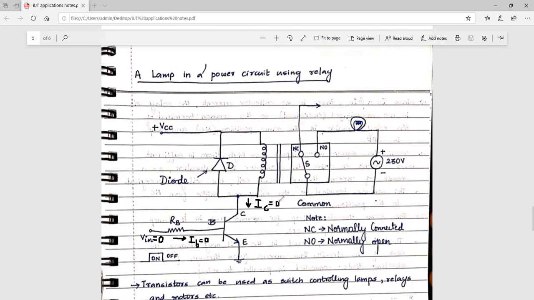Now, since this is also 0, the coil will not get energized. If the coil does not get energized, it will not act as an electromagnet. This switch will not move to the NO condition. So the switch remains in the NC connection only, the circuit is not complete, and the bulb will not glow. Clear?